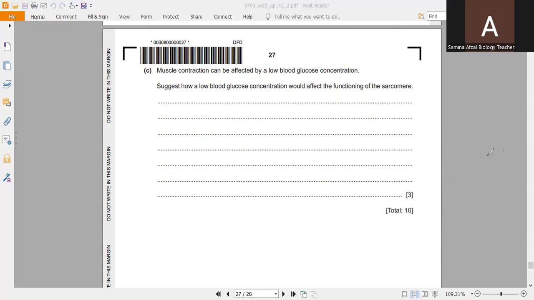If calcium remains in the sarcoplasm because the pumps lack energy, the binding sites on actin stay exposed, which can lead to muscle fatigue or cramping rather than controlled contraction. Briefly, you can write all this because the question is of 3 marks maximum.